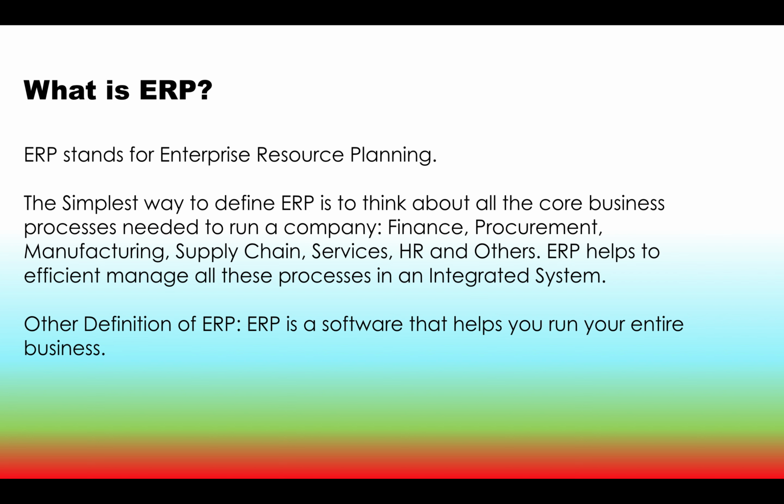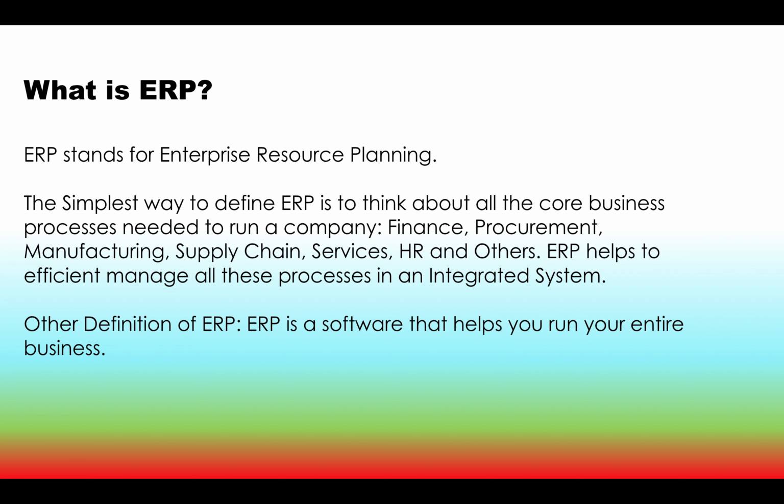Some companies also require services from other vendors, and some services from within the company, so services are also a core process. All these, procurement, sales, manufacturing, supply chain, finance, HR, and services, are core processes for a company.